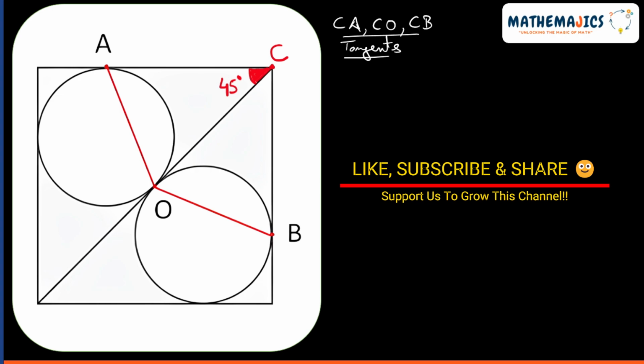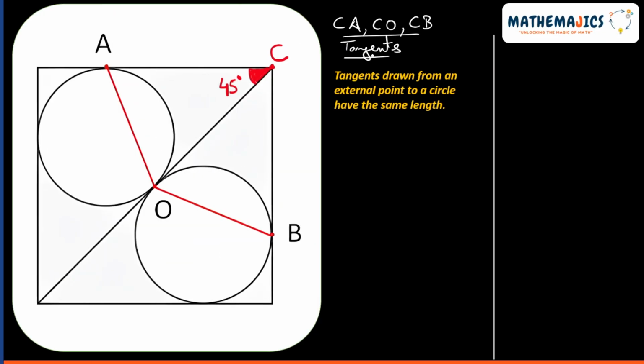What is that rule? That rule says tangents drawn from an external point to a circle have the same length. What does that mean? That means tangent CA and CO will be having the same length. Why? Because they both are drawn to the same circle from an outside point, point C. Yes, that means these two will be equal in length.